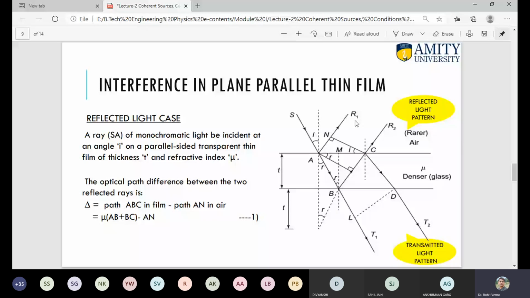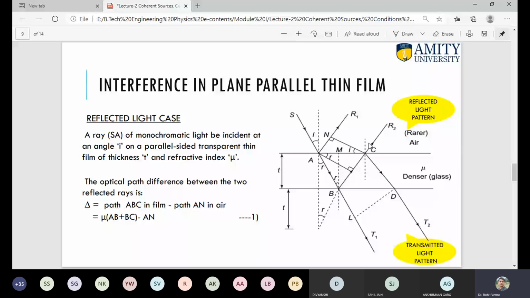Okay, what is the difference of the paths of the two rays? The difference of the paths lies in AB and BC in the film, and this AN in the air. Because beyond the point N, the two rays are of equal length.